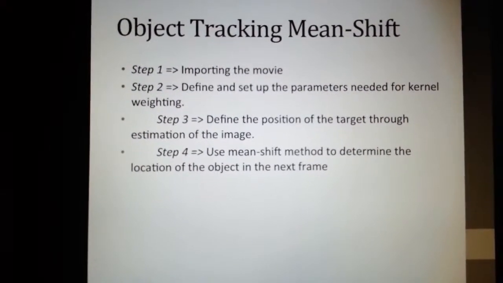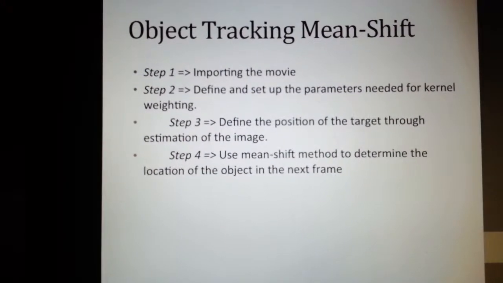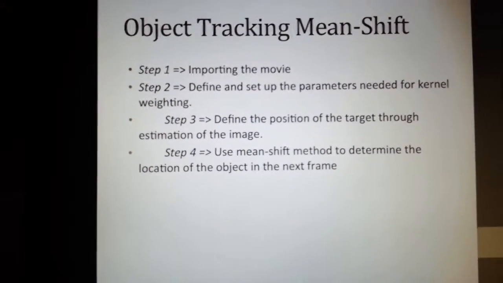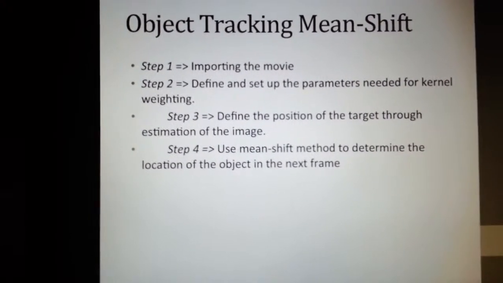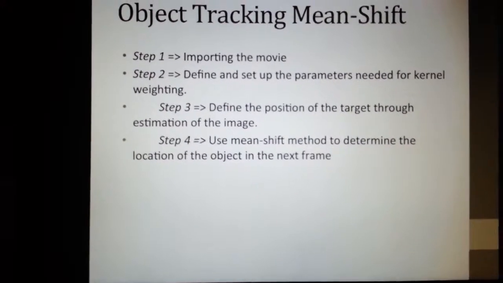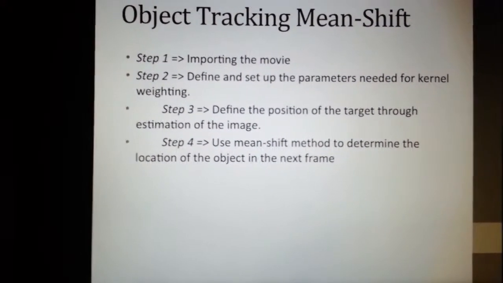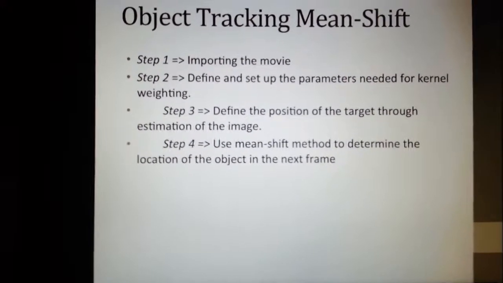This will give the code the length, height, and width of each frame in the movie inputted. It will also insert all frames of the video into the variable movie, or any variable that you would like to assign. Step 2, define and set up the parameters for the kernel weighting.